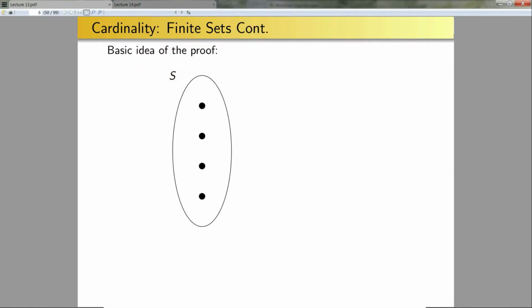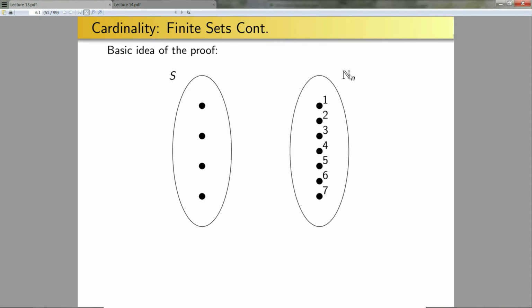So let's look at the basic idea of a proof in picture form. Here, consider some set S, and I'm going to draw it to be a finite set, and then consider some set over here, N sub n. All I know is that there exists an injection from S to N sub n. I don't actually know what it looks like. So for instance, my function f could map this point over here to 2. It could map this point to 3, this point to 4, and that point to 7.